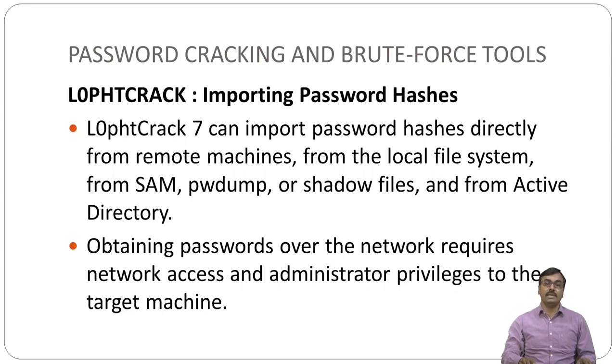file in Windows especially. So PST crack 7 can import password hashes directly from a remote machine, from the local file system, from the SAM file for Windows, pwdump, that is password dump, or the shadow file, which is for Linux, and from Active Directory PST crack can get the password hashes.